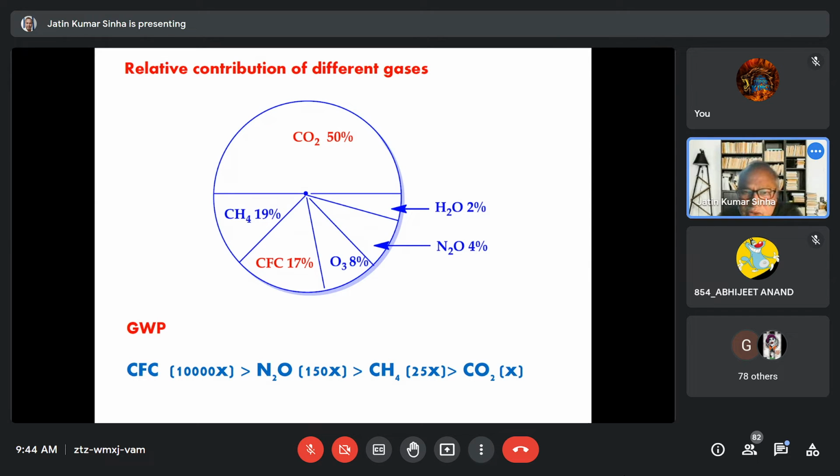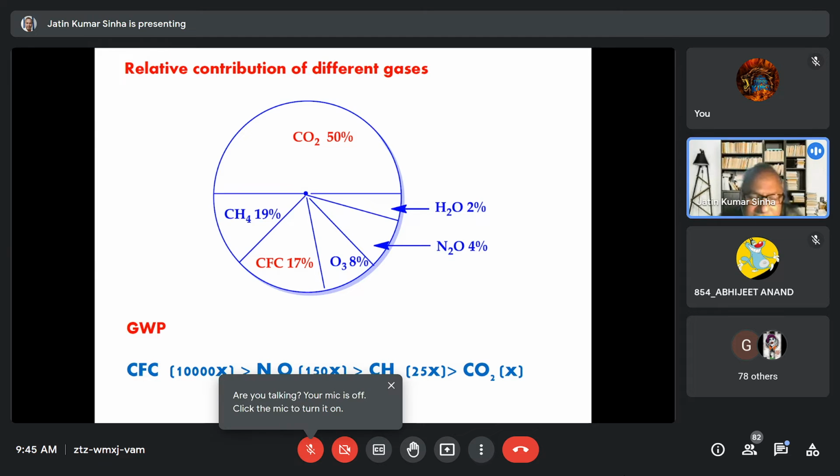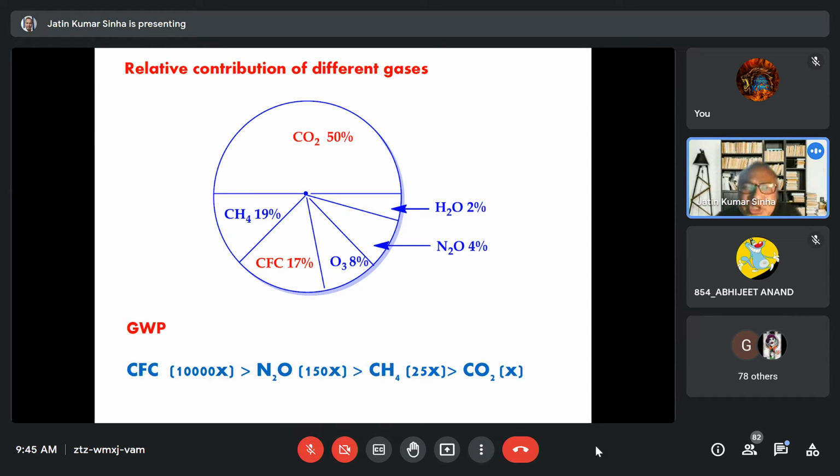So in terms of the global warming power index, CO2 has the lesser effect. Let's say CO2 is X, or one molecule. In terms of effectiveness, hydrocarbon or methane is 25 times more, nitrogen oxide is 150 times, and CFC is 10,000 times more effective. If you have 10,000 CO2 molecules and one CFC molecule, in terms of GWP, the global warming power index, it would be equal.